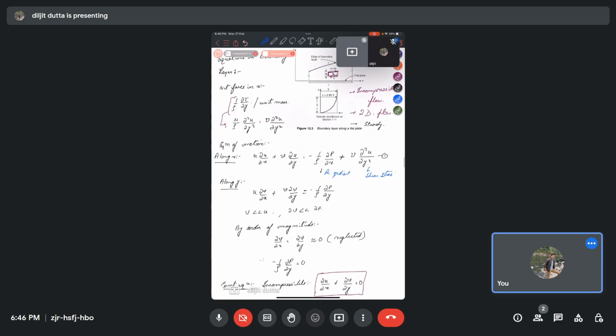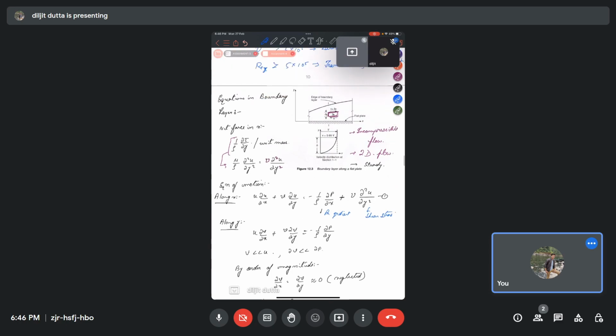Similarly, in the y direction, there is not much change in pressure. There is a change in shear stress, but in the y direction the vertical velocity is extremely low, near 0.